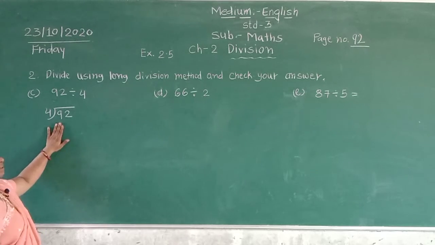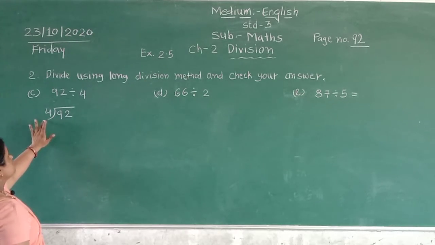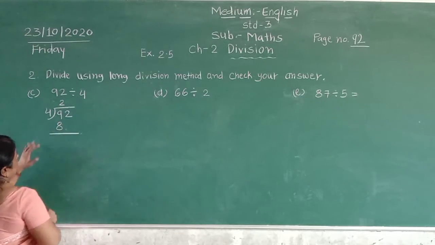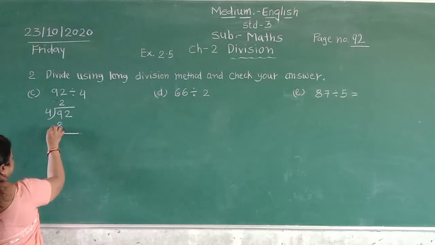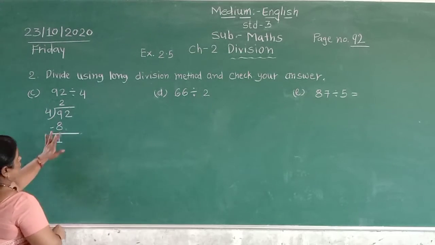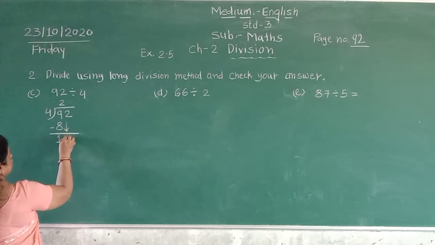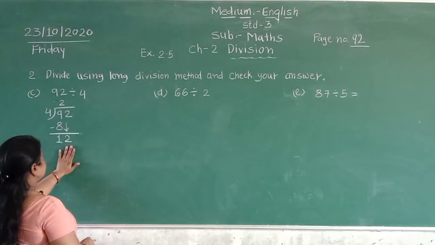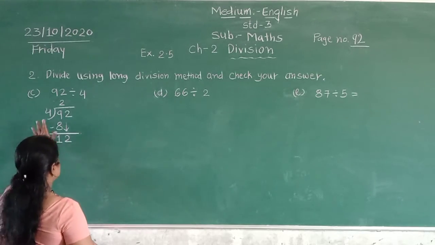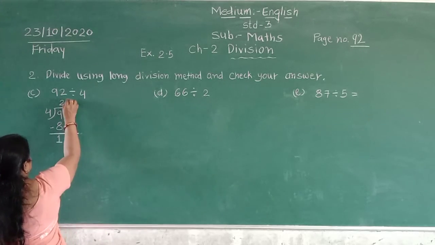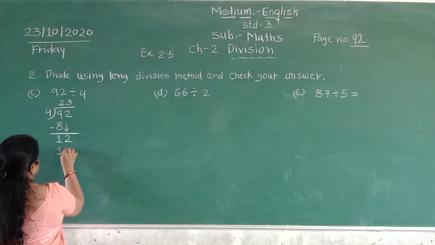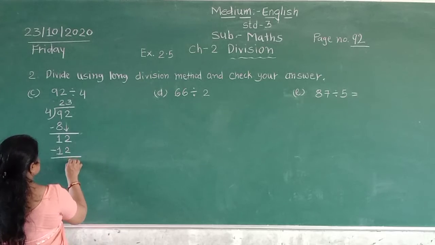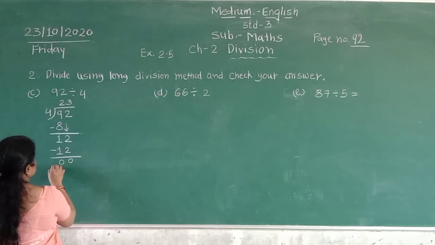Now 9 is a big number, so divide by 4. 4 2s are 8. Now 9 minus 8, 1. Bring down 2. Here we have 12. So how many times does 12 come in table of 4? 4 3s are 12. 2 minus 2, 0. 1 minus 1, 0.